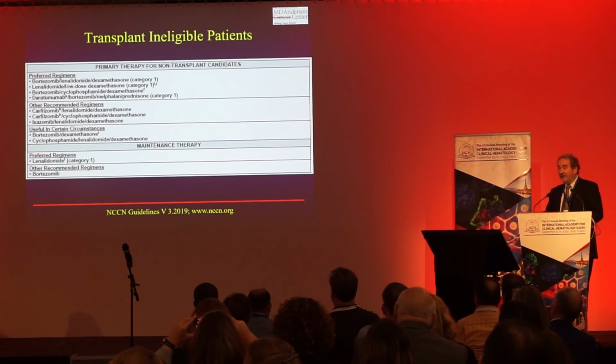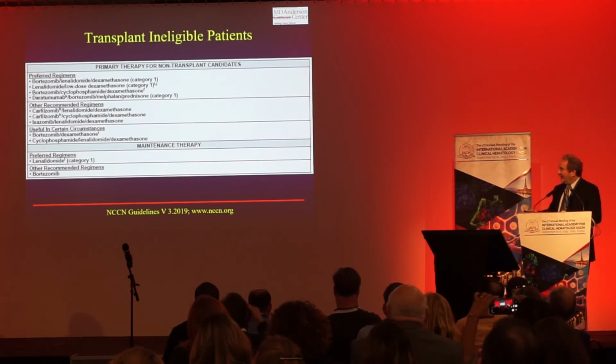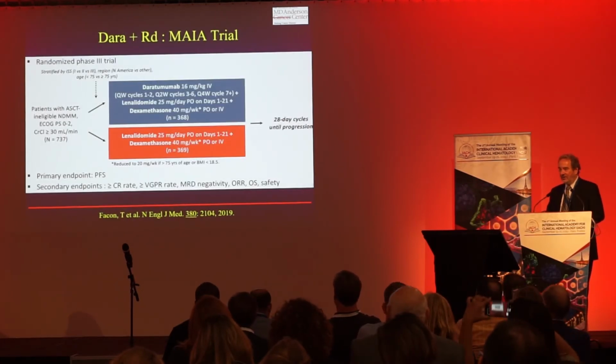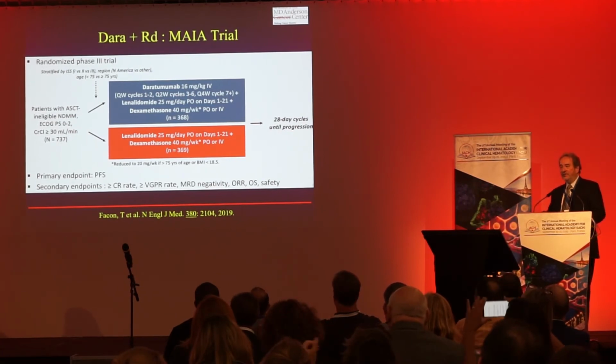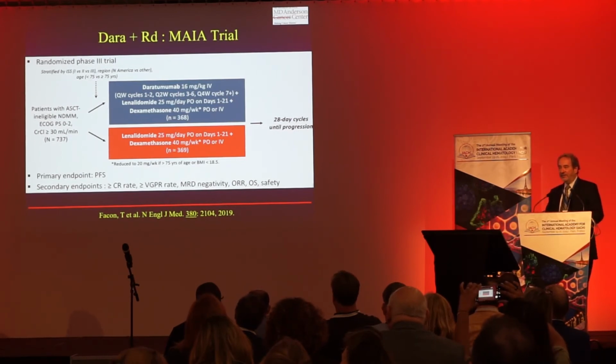For transplant ineligible patients, which typically are folks that are a little bit older and more frail, you have some similar combinations as options, but one of the recent developments here, also led by Thierry Facon here, was the addition of daratumumab. So sort of a mirror image of the transplant-eligible patients, trying to improve therapy by adding immunotherapies.